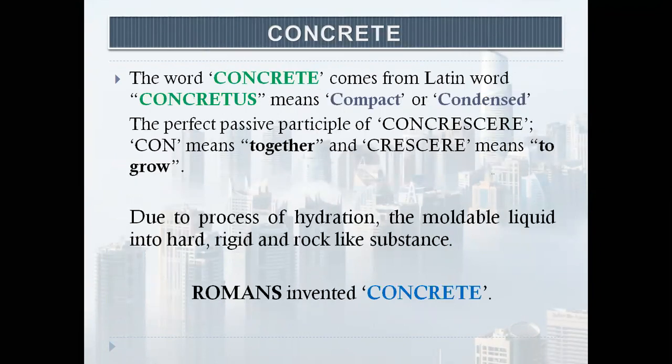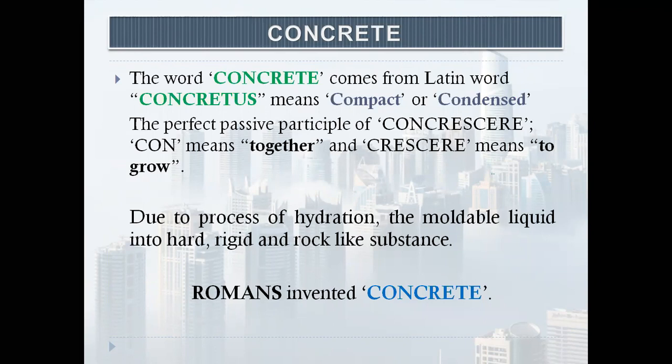Now moving over to what is concrete. Concrete comes from a Latin word, concretus, which means compact or condensed, and from the word concrescere, where con means together and crescere means to grow. So how should concrete grow together?